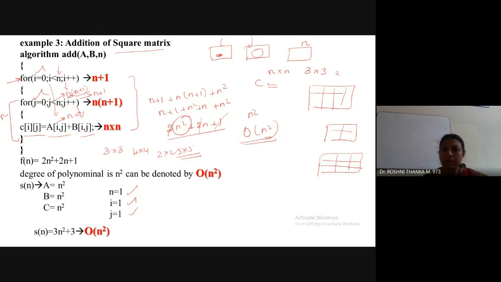Since it is a square matrix, storing one matrix takes n square size. How many matrices have we used? C is one matrix, A is another, B is another. Each matrix takes n square of size in the memory. Why n square? Because it is a square matrix, so it will be 3 cross 3, 2 cross 2, or 4 cross 4, all these things.